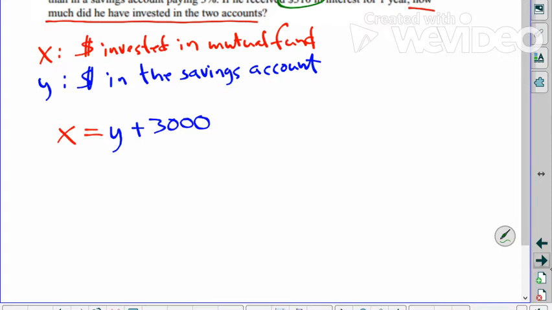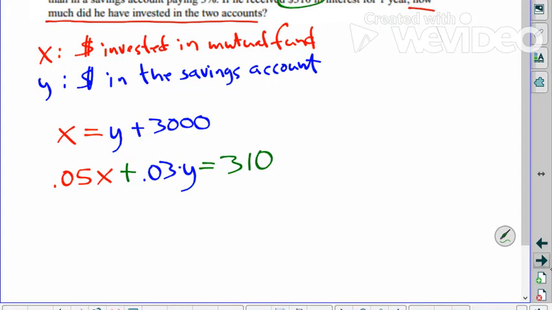The money he has invested in the mutual fund pays 5% interest, so he gets 5% interest times the amount of money he has in the mutual fund. Plus, he earns interest on the savings account, but that's only 3% interest on the savings account. So 0.05x is interest earned from the mutual fund, that's dollars. 0.03y is interest earned from the savings account, that's also dollars, and that's where this $310 came from that he earned in that 1 year.